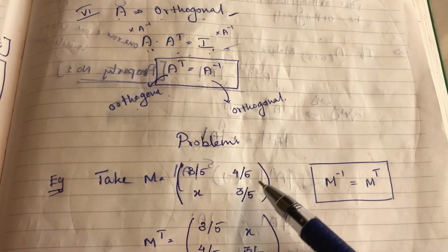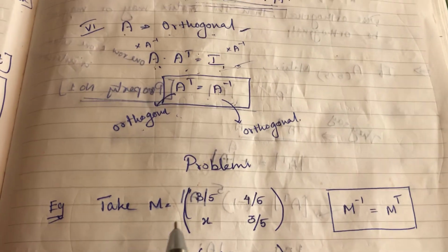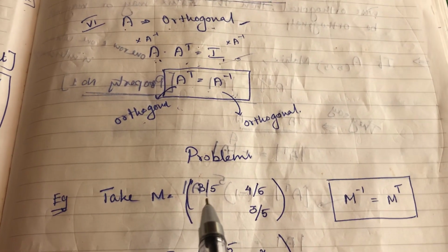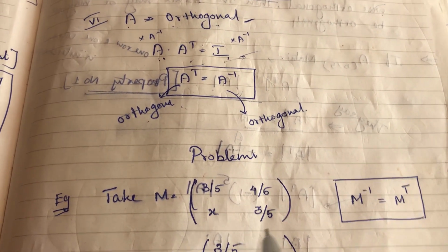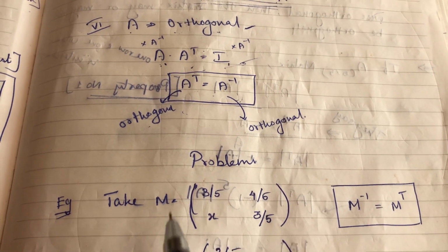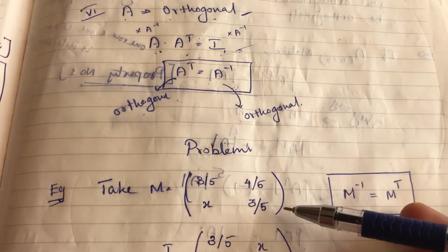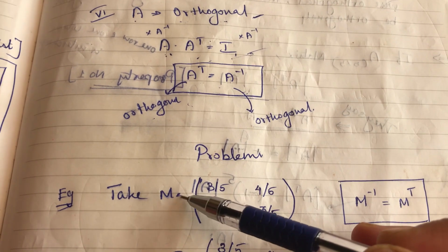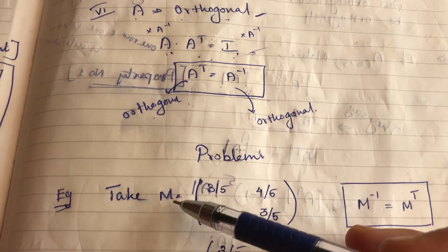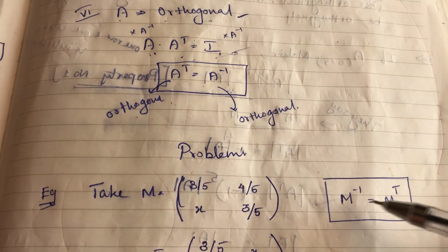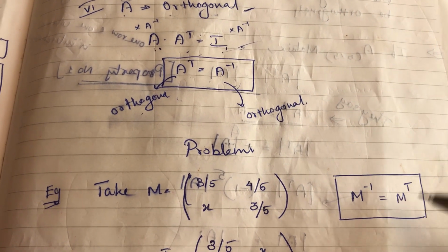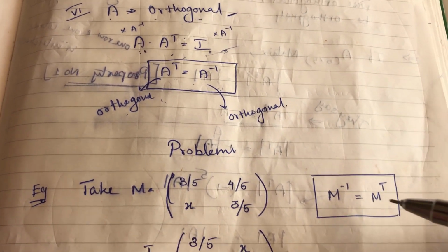Next, we'll go to the problems. They have given M which is equal to 3 by 5, 4 by 5, 3 by 5, x. Here they have given a 2 by 2 matrix, right? From this, they said M is orthogonal. If it is orthogonal, the condition is M inverse is equal to M transpose. So this is the condition.